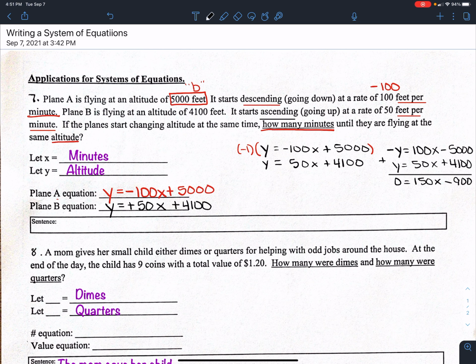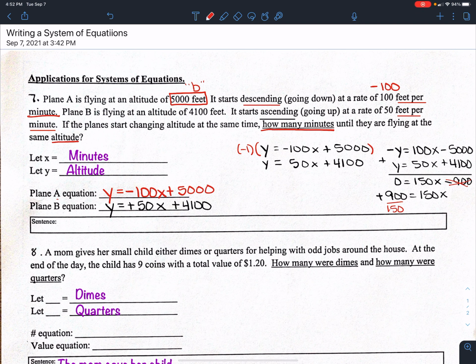Take that negative 900 that's on the right side and move it to the left side. So I have positive 900 is equal to 150x.